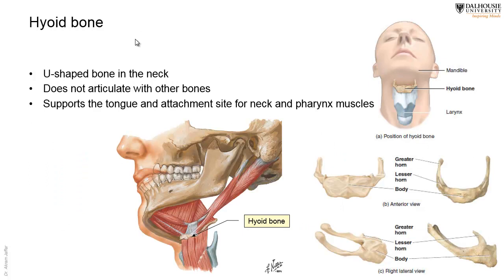Now I will deal with the other axial bone, which is the hyoid bone. It's present in the upper part of the neck. It is a U-shaped bone, and the unusual thing about this bone is that it does not articulate with any other bone in the body. But what's attached to it are muscles and ligaments, which are parts of the muscles of the tongue and muscles of the pharynx.